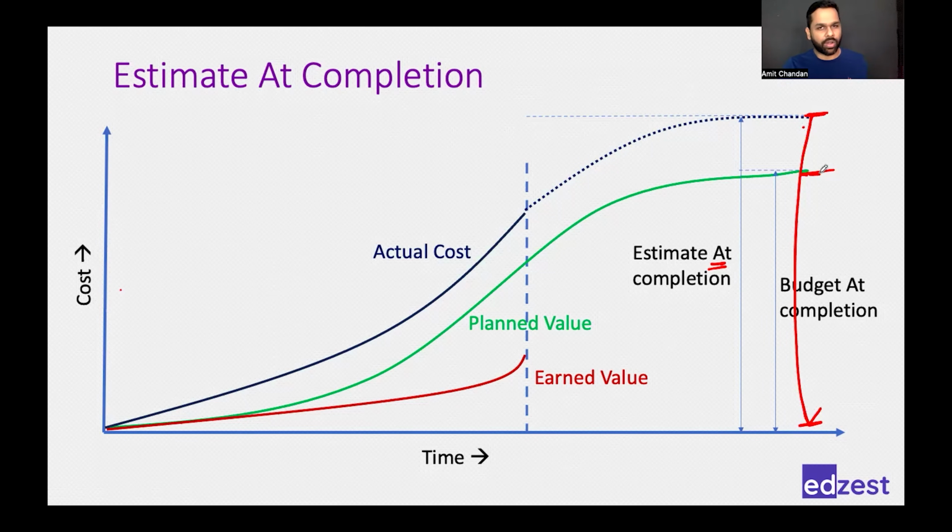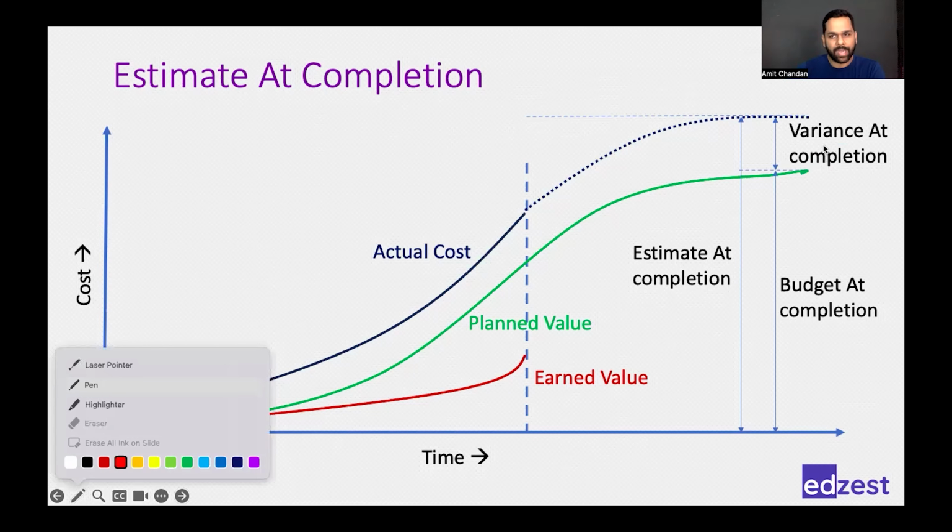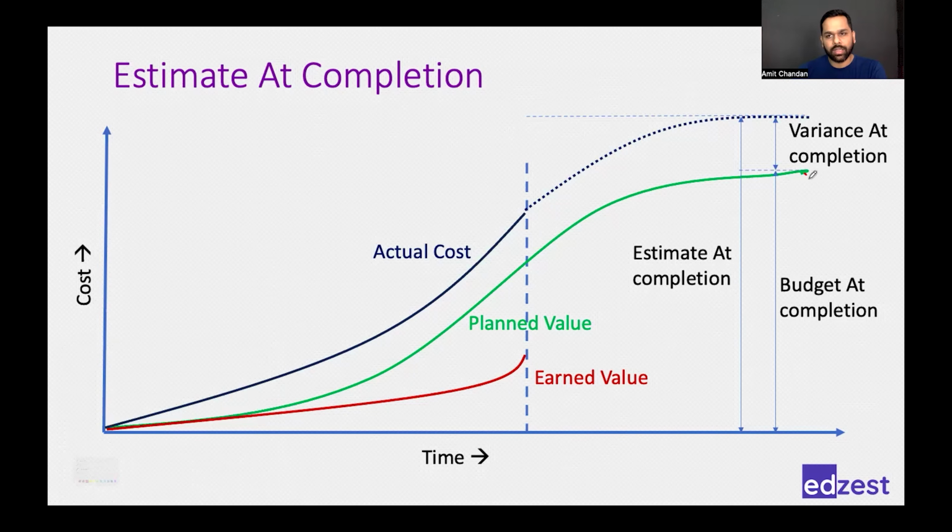This is what you had planned for, but because your actual cost is more, this is what you actually need. So this is your revised budget. Initial budget, revised budget. The difference between them would be my variance at completion. So the difference between my initial budget and revised budget is my variance.